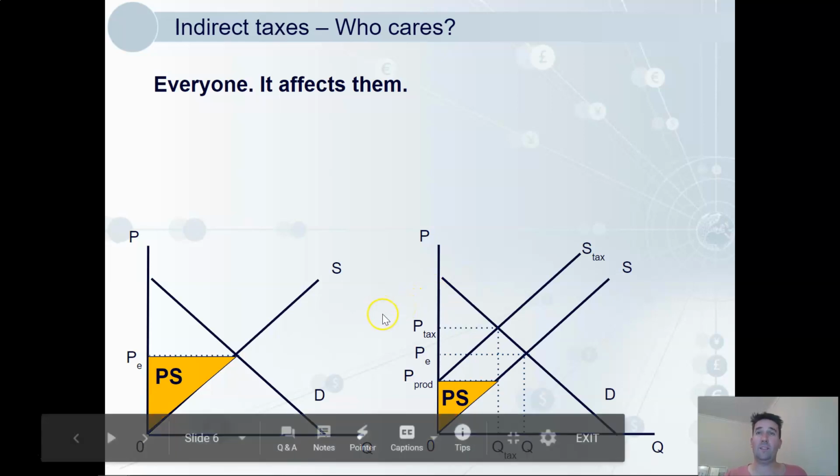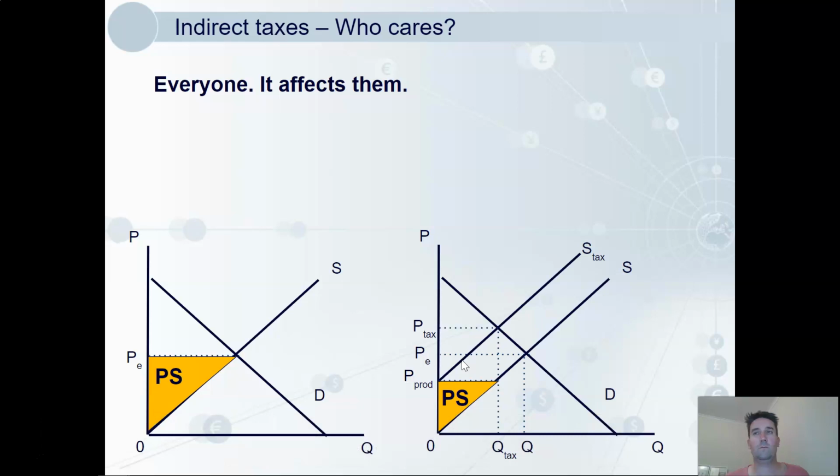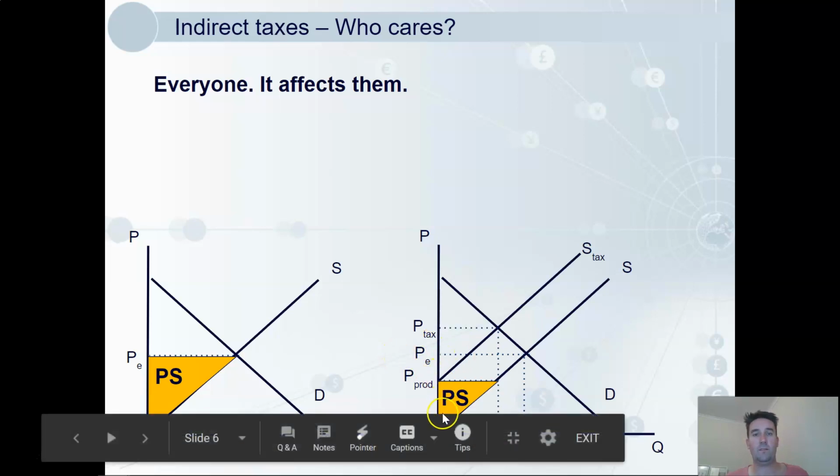A common error here is to forget that while the producers receive the extra money, so they take the higher price, they have to give that money to the government. So it's not really their revenue to keep. Their surplus actually shrinks. So effectively, the new producer surplus only goes up to P prod, which is the difference between the price they receive from the consumer and the amount of the tax.